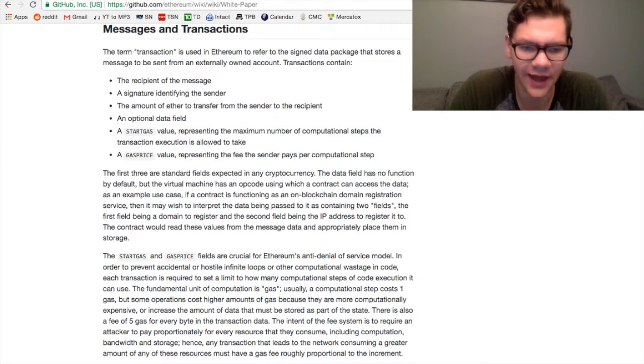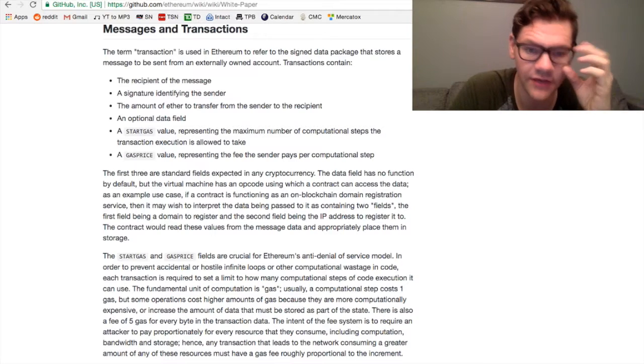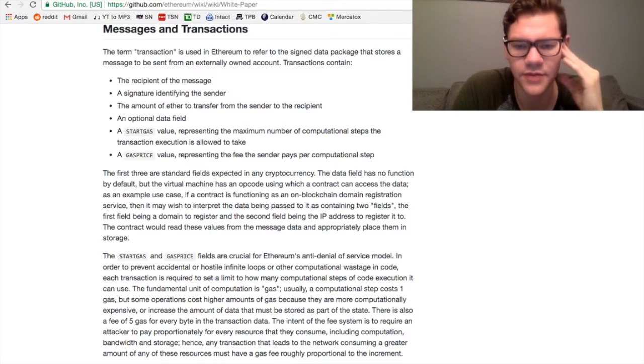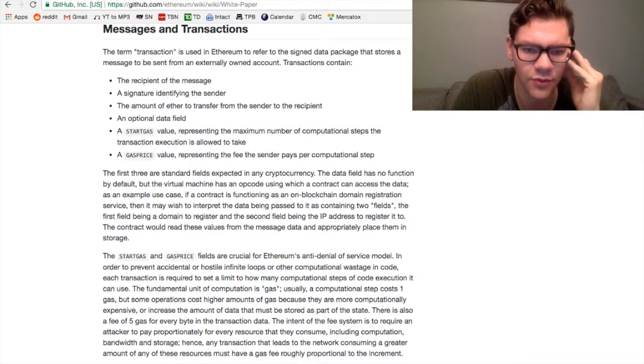The start gas and gas price fields are crucial for Ethereum's anti-denial of service model. In order to prevent accidental or hostile infinite loops or other computational wastage in code, each transaction is required to set a limit to how many computational steps of code execution it can use.